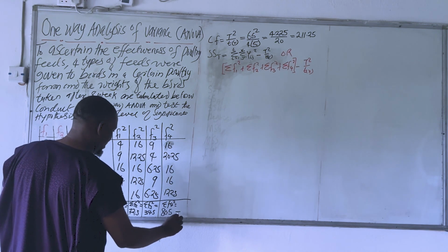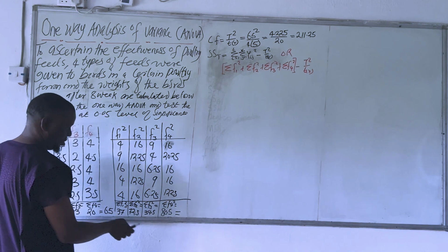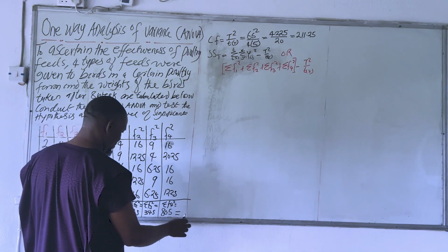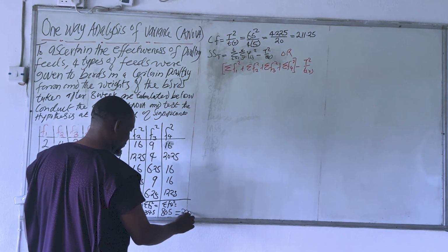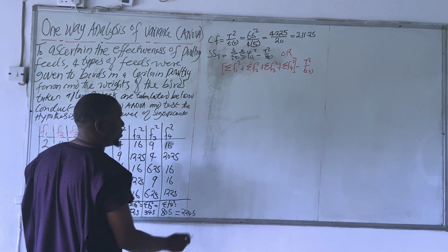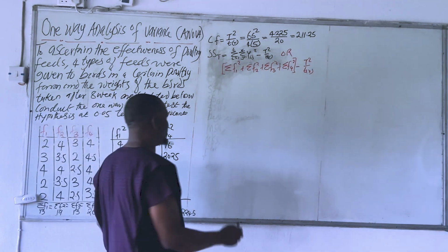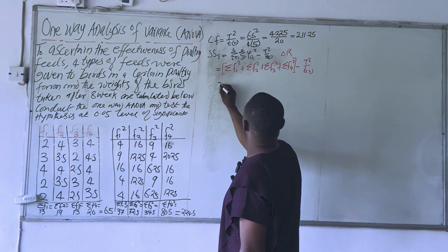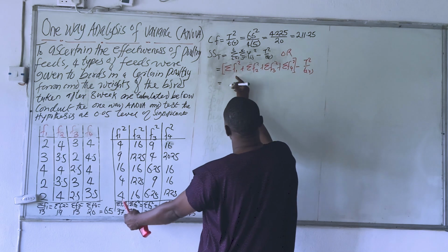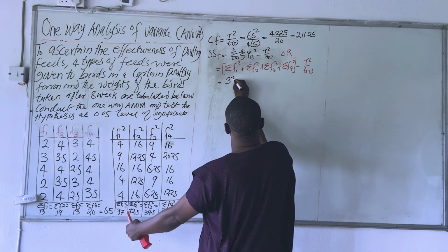So then the sum of all of this will be equal to 224.5.